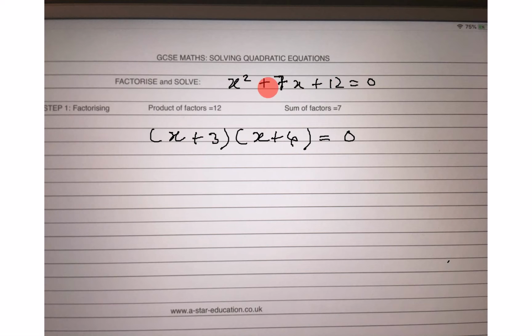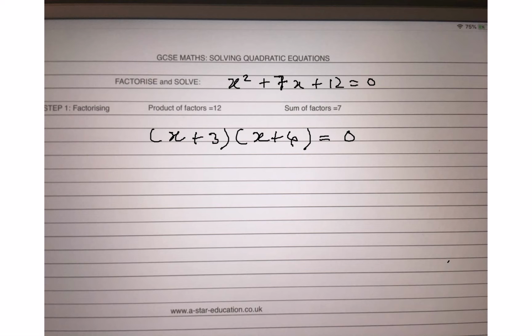And since the original equation is equal to 0, I can have my factorized form equal to 0 as well. I'm going to leave you to multiply out these brackets and see if we get back to the original equation.